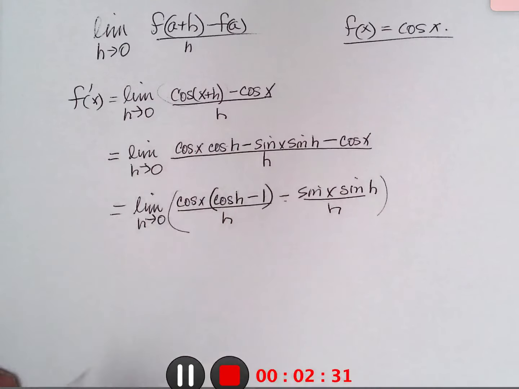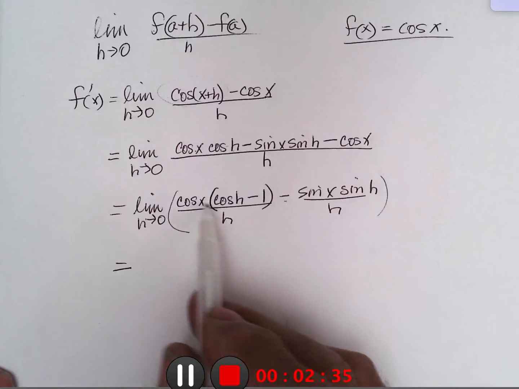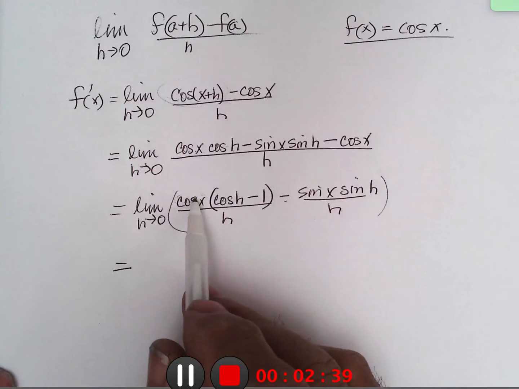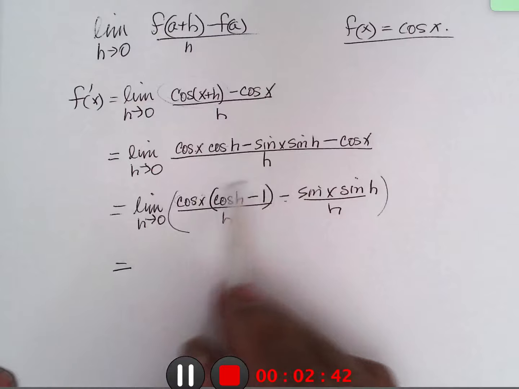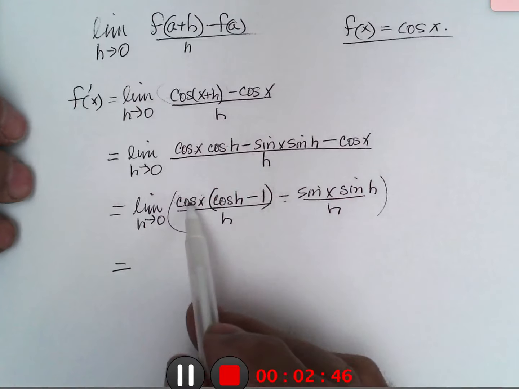And so I'm going to go to the next step, which is I'm going to realize that the cosine of x has no h in it. It's times the rest of this. These have h's or are tied to something with an h. But this isn't, it's times it, so I could pull that out.